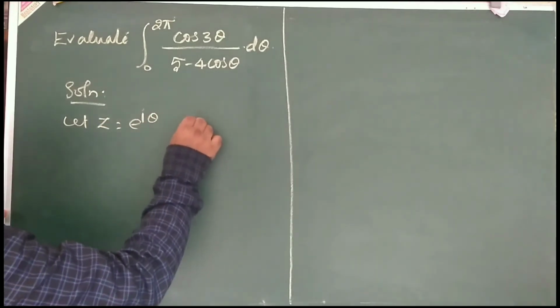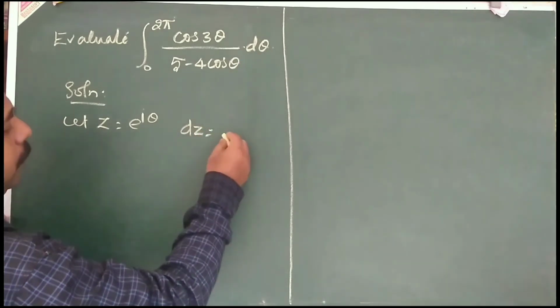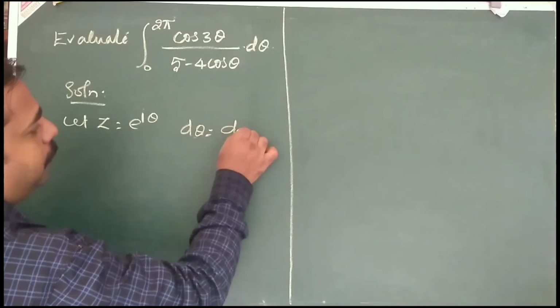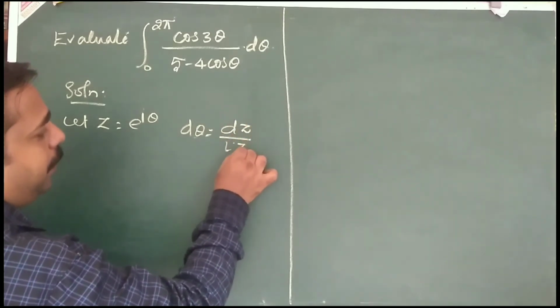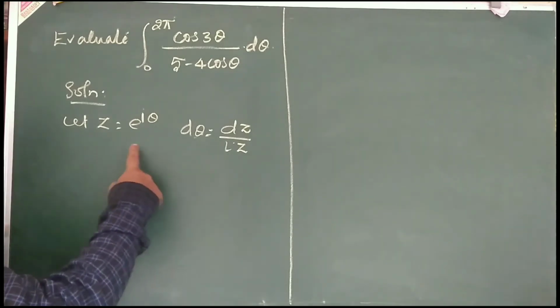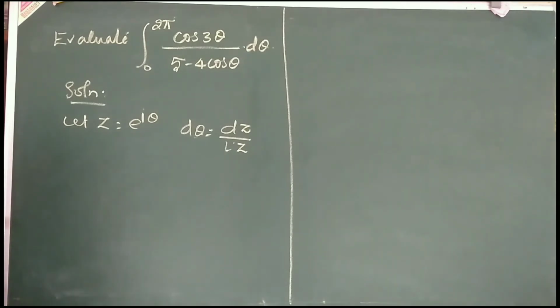Therefore, dz is equal to, or d theta is equal to dz by iz. And all this was proved in the previous episode. You can take the notes from the previous episode. So d theta is equal to dz by iz.